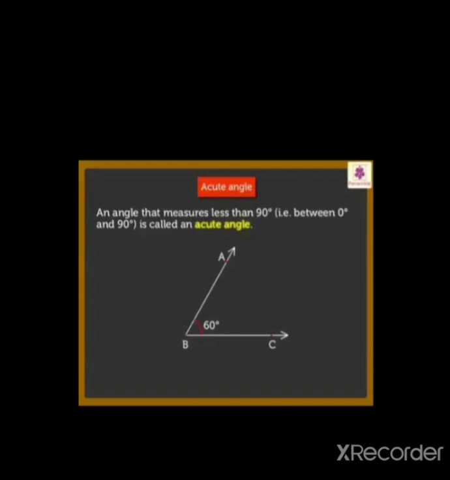An angle that measures less than 90 degrees, that is, between 0 degrees and 90 degrees, is called an acute angle. Look at the figure. Here, angle ABC measures 60 degrees. So, angle ABC is an acute angle.